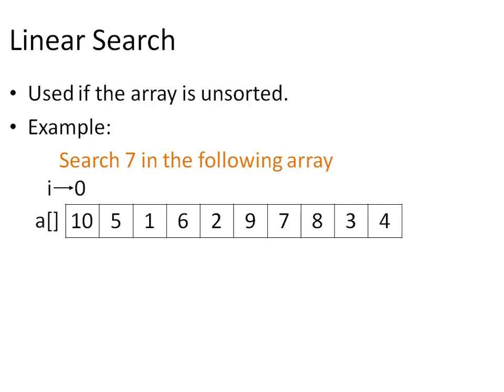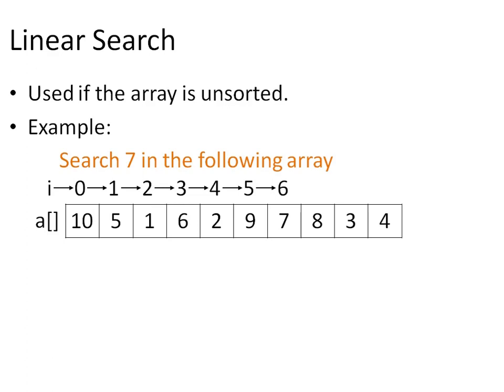It is assumed that all the array elements are unique, so the moment the element is found, we have to stop. Here, the element 7 is found at index 6. So 6 will be returned, that is, the search is successful.